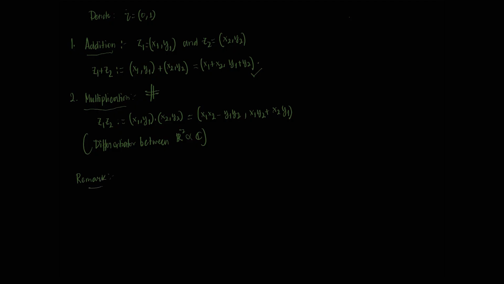If you have two elements, Z1 which is (x1, 0), and Z2 which is (x2, 0), you do realize what Z1 times Z2 is. It is (x1 x2, 0). You can just put everything here and check. So please check this part.